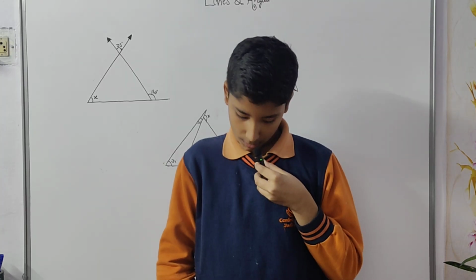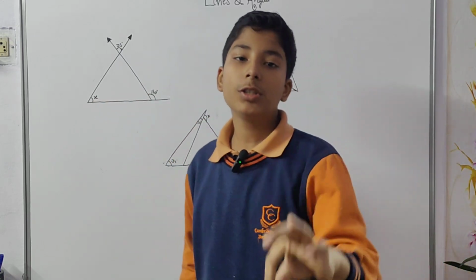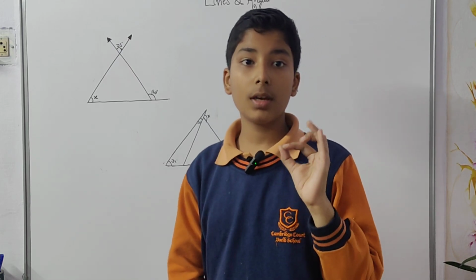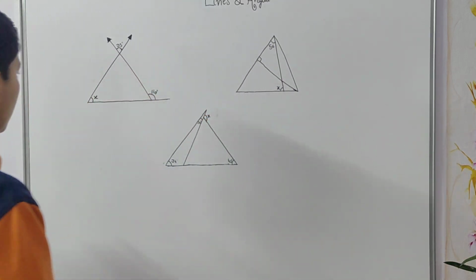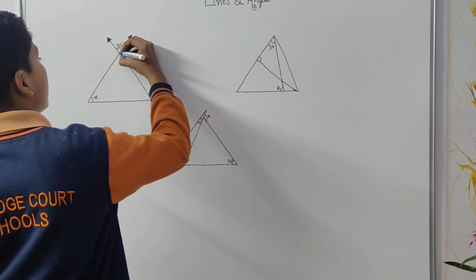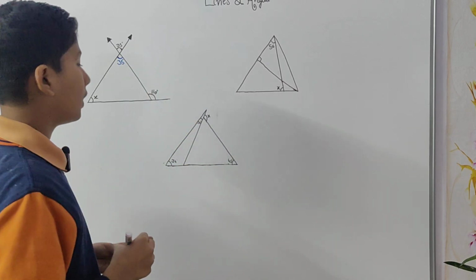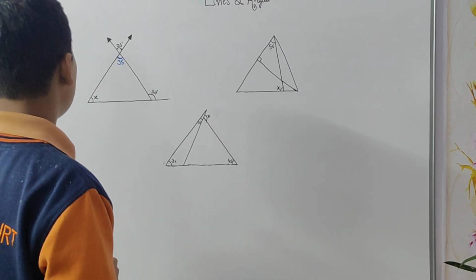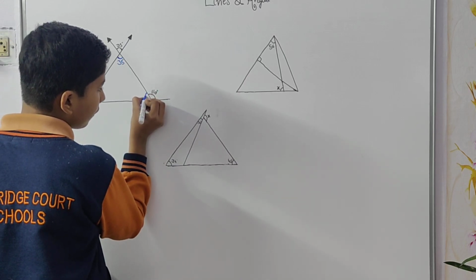So friends, in our next question, these are the most important, most wanted questions. So you have to listen carefully. So let's start. You might think it is a difficult question, but see this. This angle will be 35 degree. Why? Because it is forming a vertically opposite angle. Now this is 35, we have got it, and this is 110.